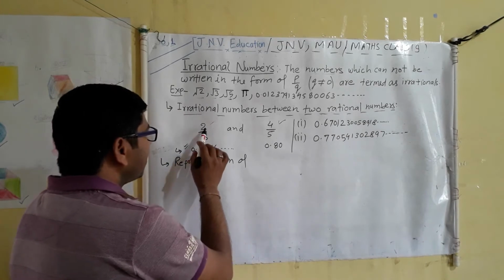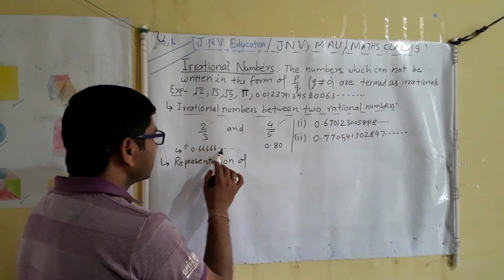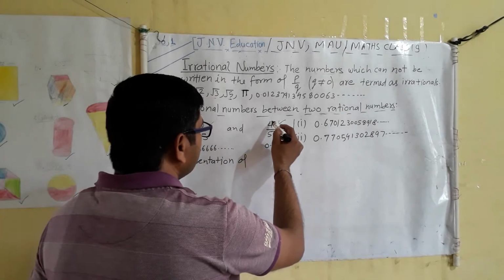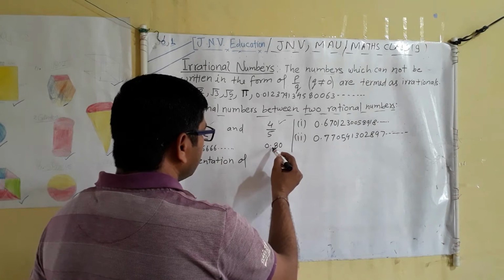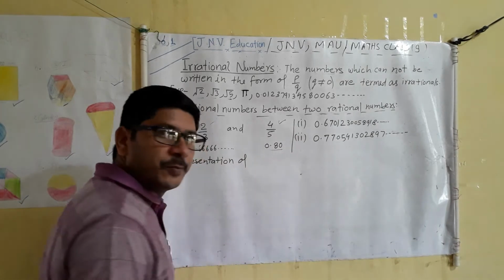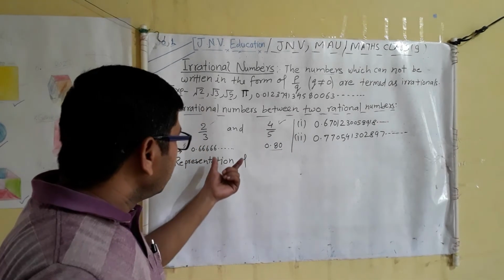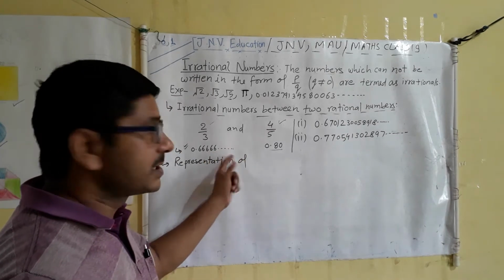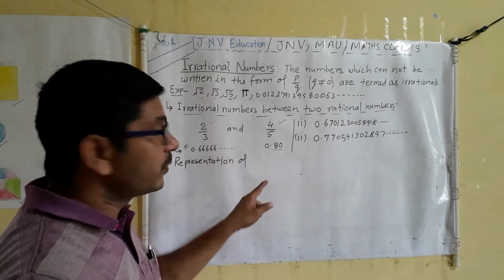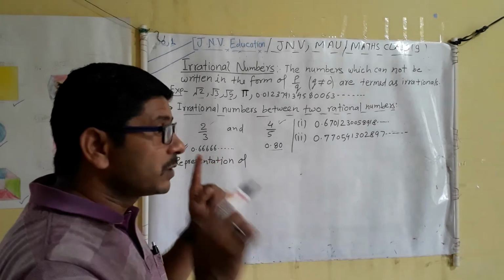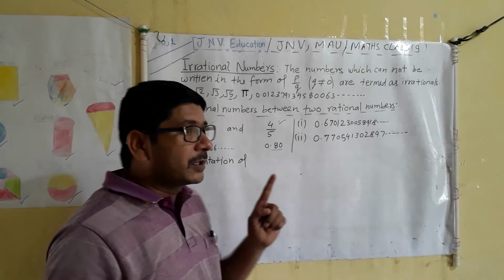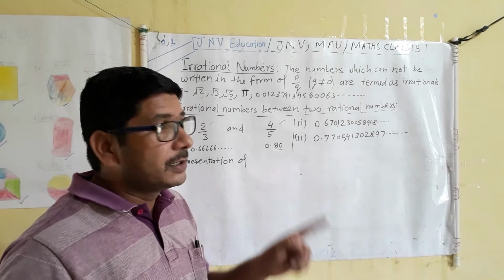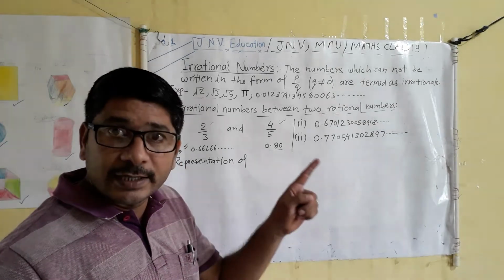The decimal form of 2 by 3 is 0.6666 and so on, and the decimal form of 4 by 5 is 0.80. We have to write irrational numbers in between these two. So think in your mind of the concept of non-terminating, non-recurring decimals that are irrational.